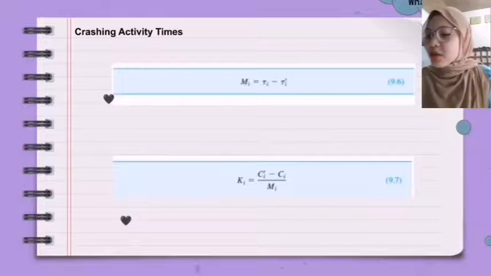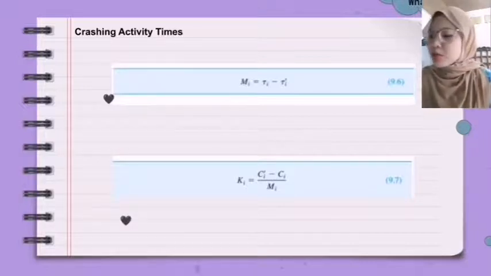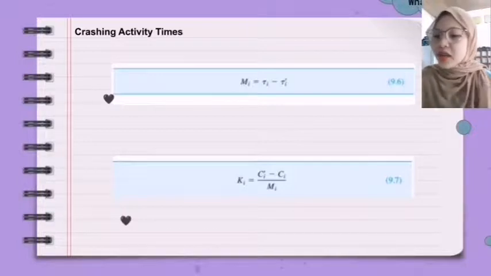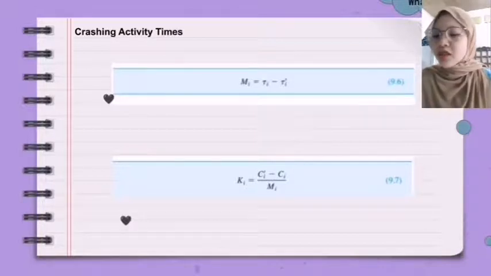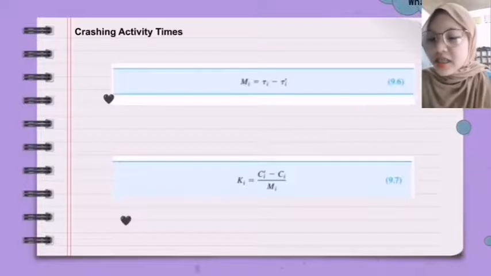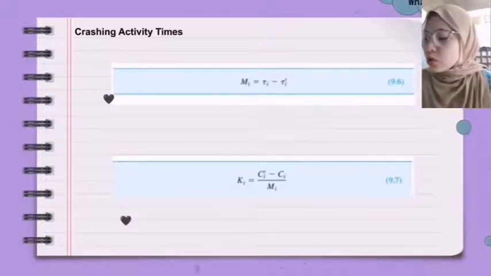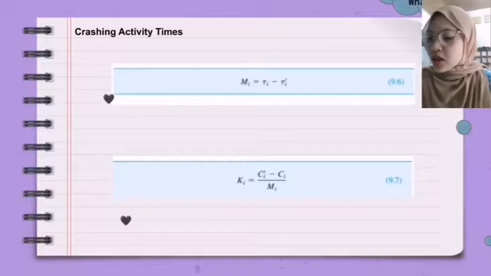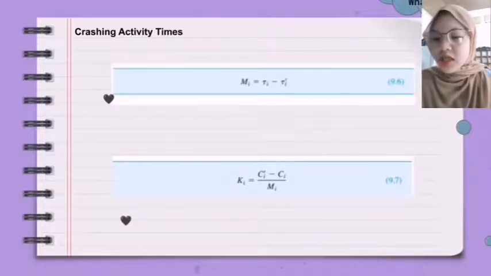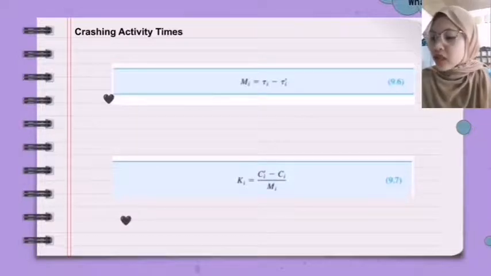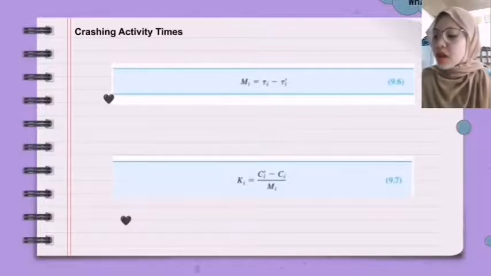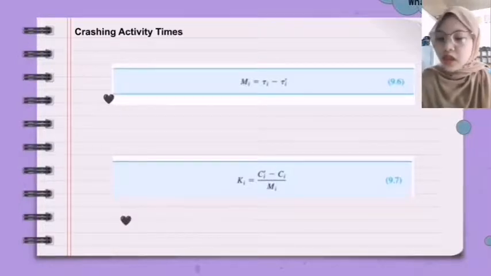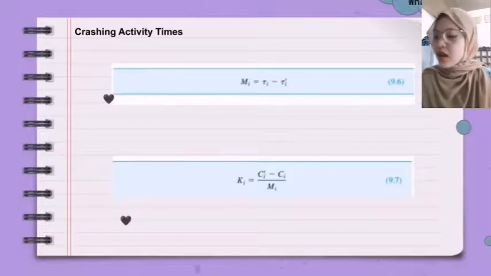Ti is the expected time for activity i, T apostrophe i is the time for activity i under maximum crashing, and Mi is the maximum possible reduction in time for activity i due to crashing. The cost Ki for each activity is given by Ci, which denotes the cost of activity i under the normal or expected activity time, and C apostrophe i, which denotes the cost of activity i under maximum crashing.